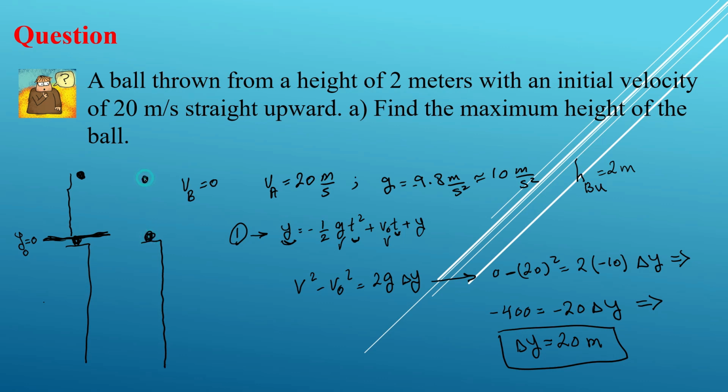I still am going to throw it up, right? But I can say my origin is right here, like if I say my y is not going to be 0 right here, right? And then I have a height of this building, and the height of the building, this HBU, is going to be 2 meters, right? This is another choice I can have.